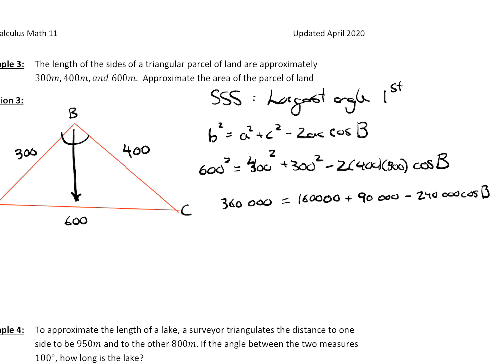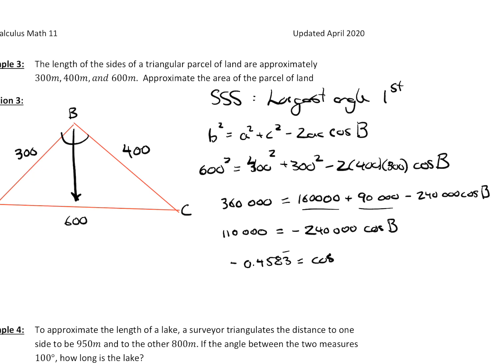So now we add these two together and we subtract them from both sides. 160,000 plus 90,000 is 250,000. Subtract 250,000 from 360,000 and you get 110,000 equals negative 240,000 cos B. Divide both sides by negative 240,000 and you get negative 0.4583 repeating.